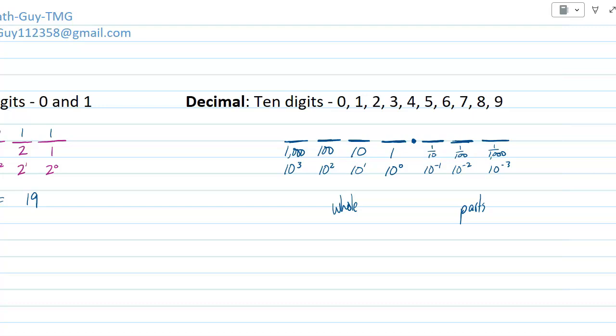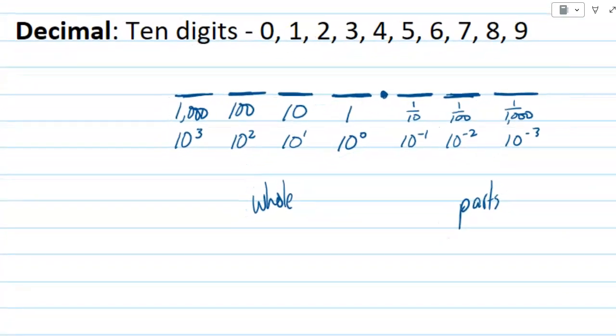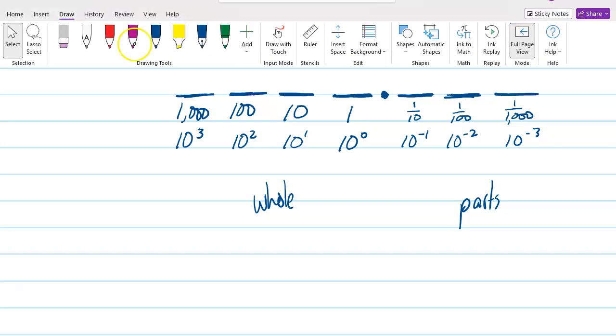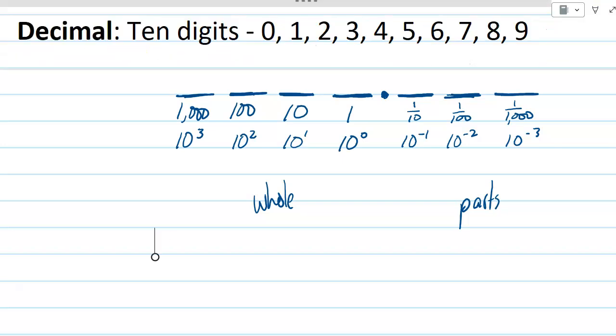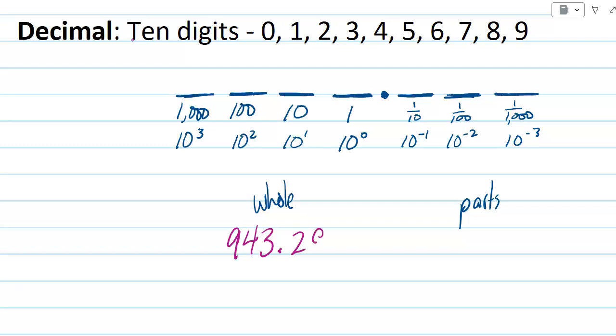So for example, let's take a look. If we wanted to say $943.29, you take a look at this and say, all right, so this is 9 hundreds, 4 tens, and 3 ones.